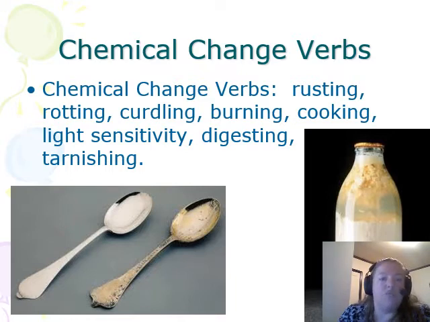If something is rotting, you can't change it back to being healthy. When milk spoils and it curdles, you can't just pull the curdles out and shake it up and have milk again. If you burnt something, if you cook something, if you digest something, or if something gets tarnished like this spoon, you can remove the tarnish, but the tarnish has affected the metal of that spoon.